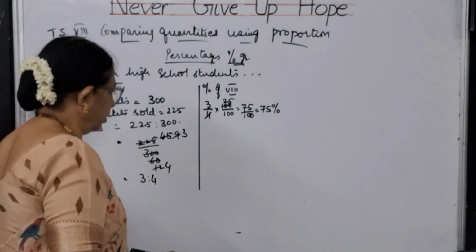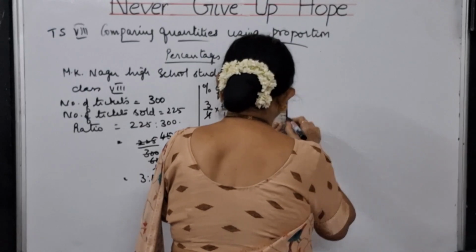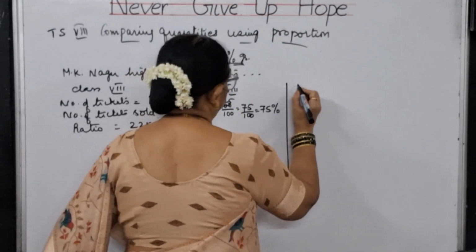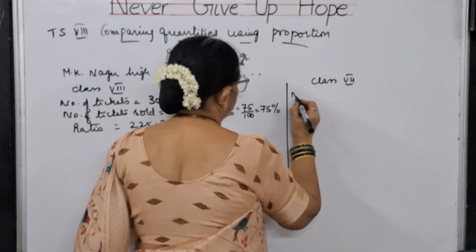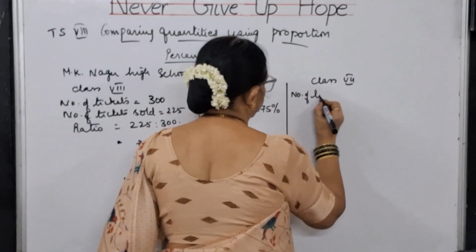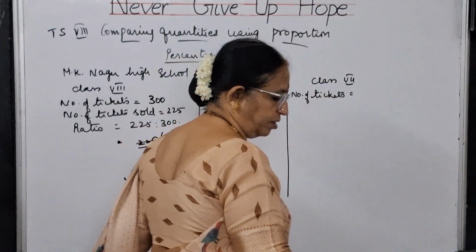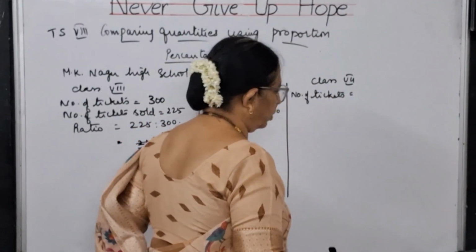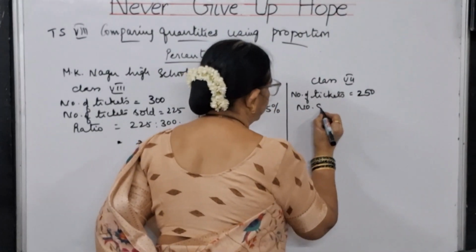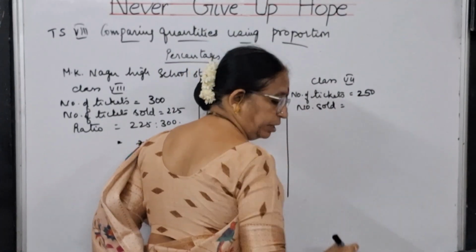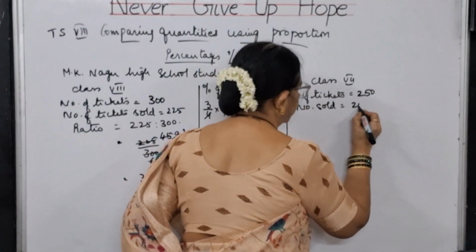Okay. Now we will go to the 7th class. Here we will see class 7. Number of tickets. How many tickets class 7 has got? 250 tickets. And number sold. How many they have sold? 200 tickets they have sold.